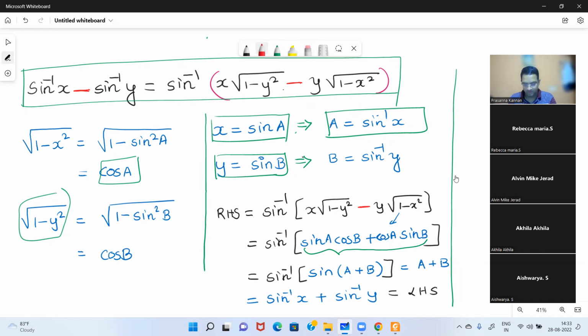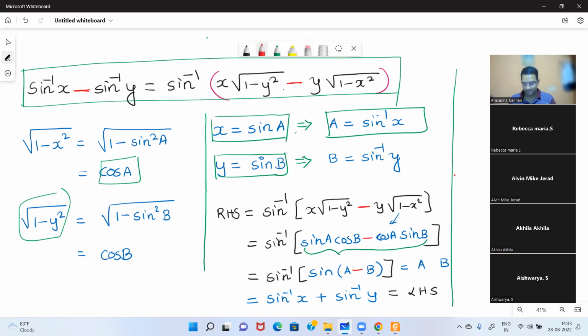Yes, sir. So then this will become minus, correct? Yes, sir. What is this formula? Have you seen sin A cos B minus cos A sin B? What is it? Sine A minus B formula. Exactly. So this will be sine of A minus B.